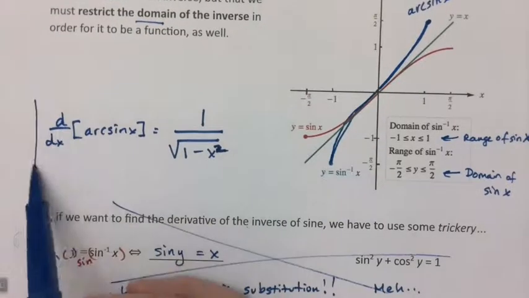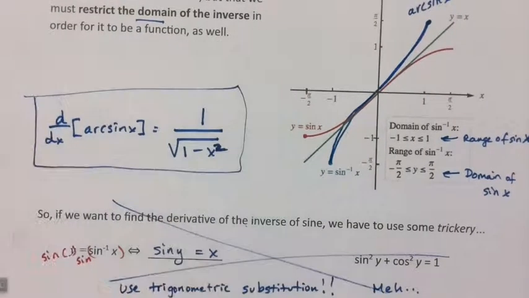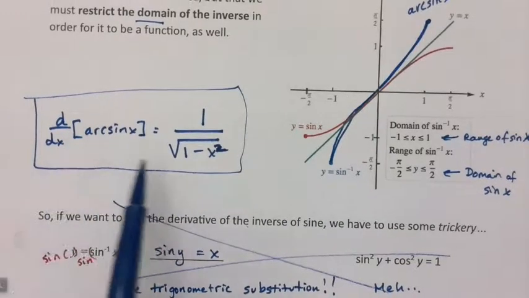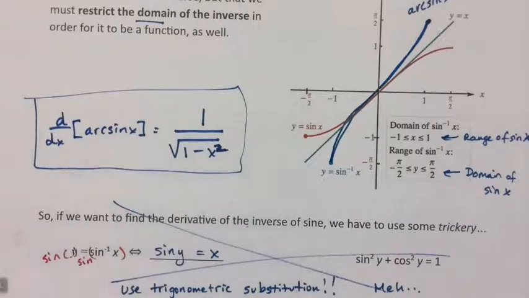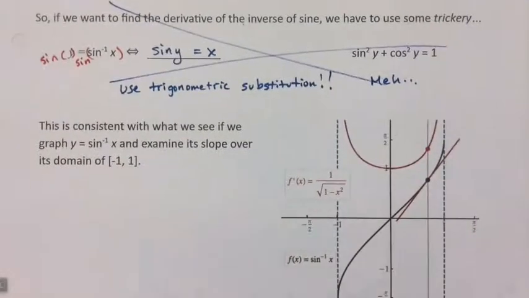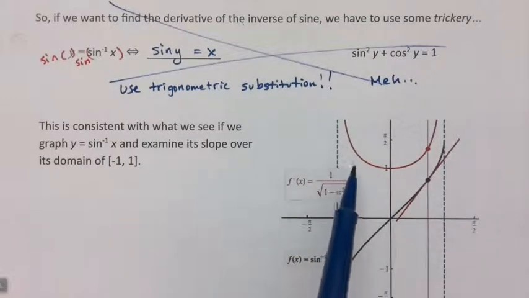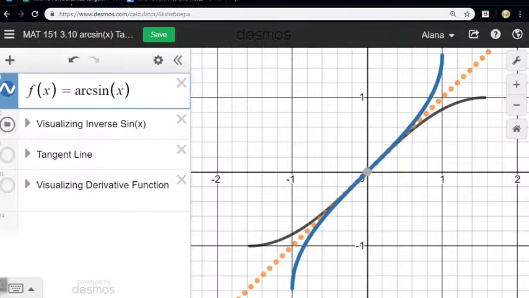Let's just see it, right? And let's just test that it works, what I'm telling you. So my conjecture is that this, 1 over the square root of 1 minus x squared, is the derivative of arc sine. And then let's just check whether I'm correct by considering the slope. But it's kind of boring to look at it on a sheet of paper, so let's go look at it in Desmos.